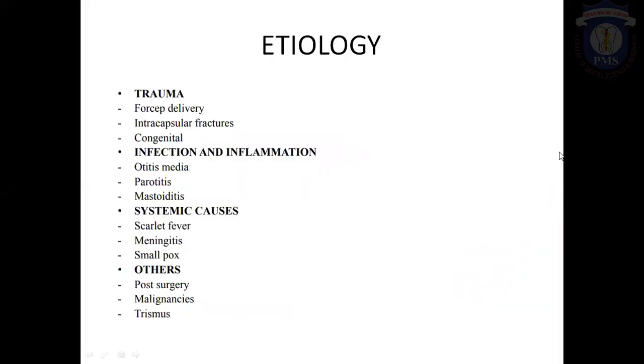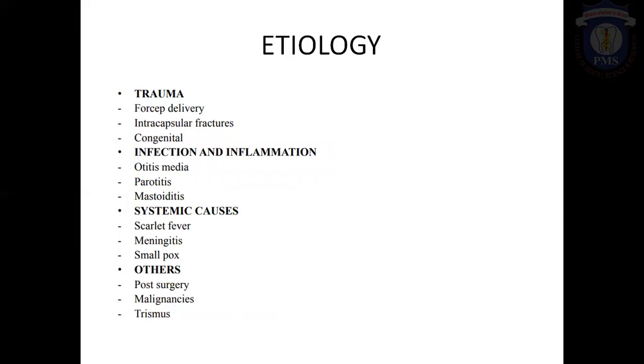And what are the etiology for this ankylosis? It can be either due to trauma or due to infection and inflammation or due to some systemic causes and other reasons. The trauma can occur during forceps delivery, intracapsular fracture, and congenital problems.